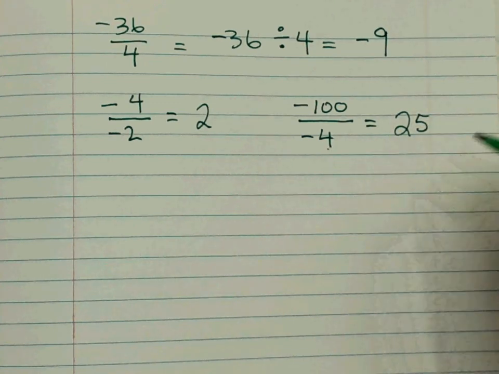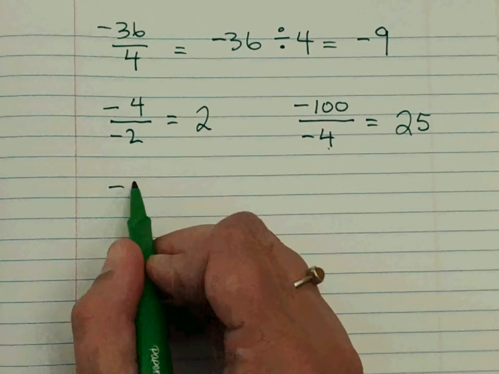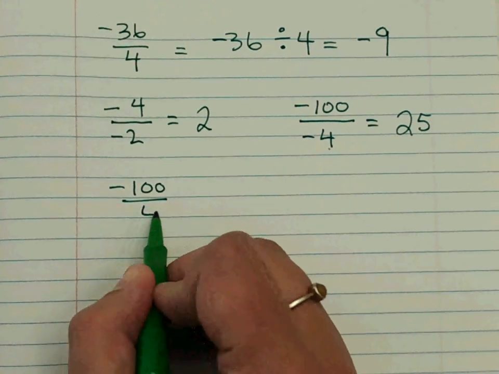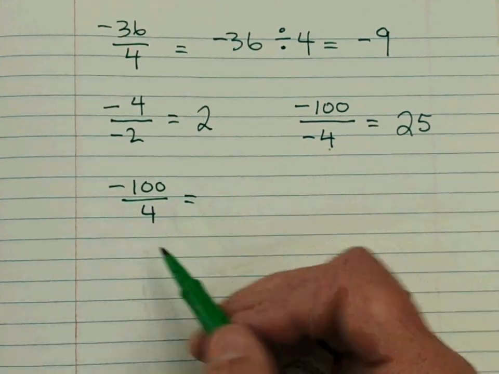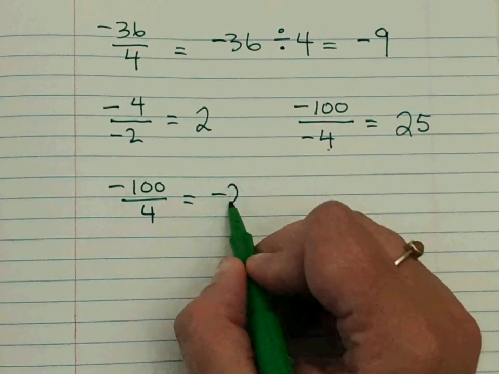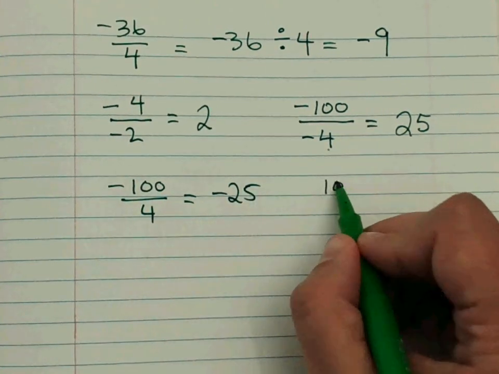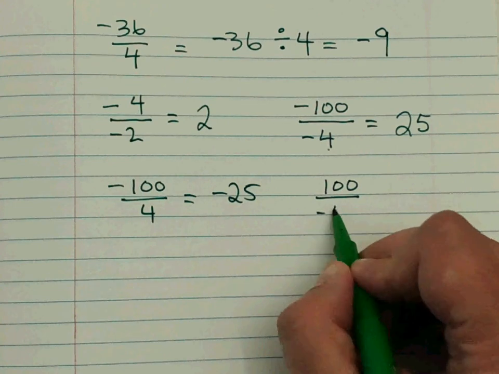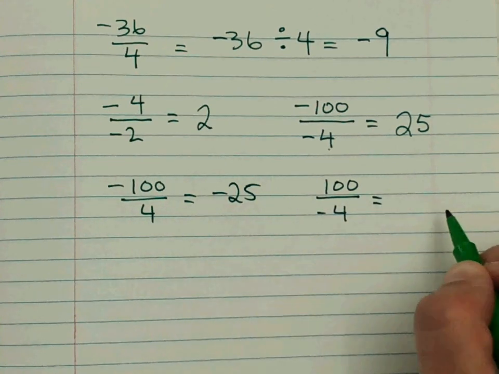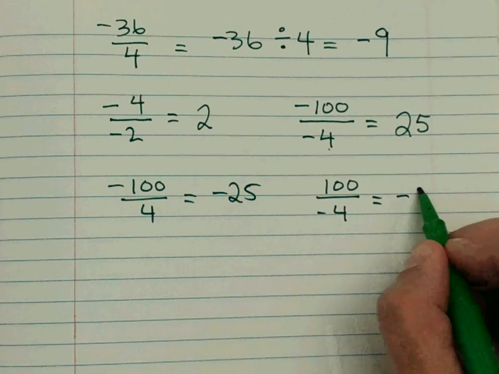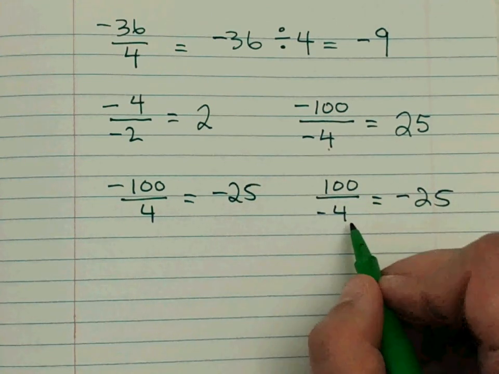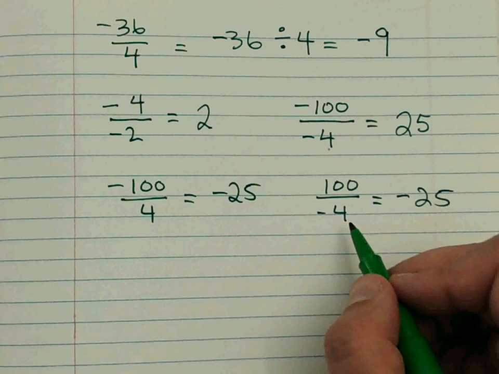Okay? Now when it comes to fractions, if I have negative 100 divided by 4, what's that going to be now? Negative 25, because here I have a negative divided by a positive. What if I had a positive 100 divided by a negative 4? Also negative 25, right? A positive divided by negative, when the signs are opposite. Okay?